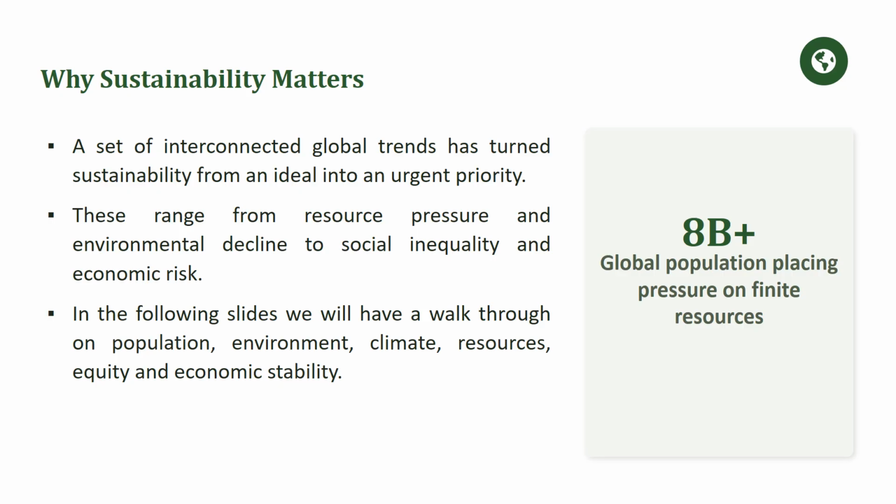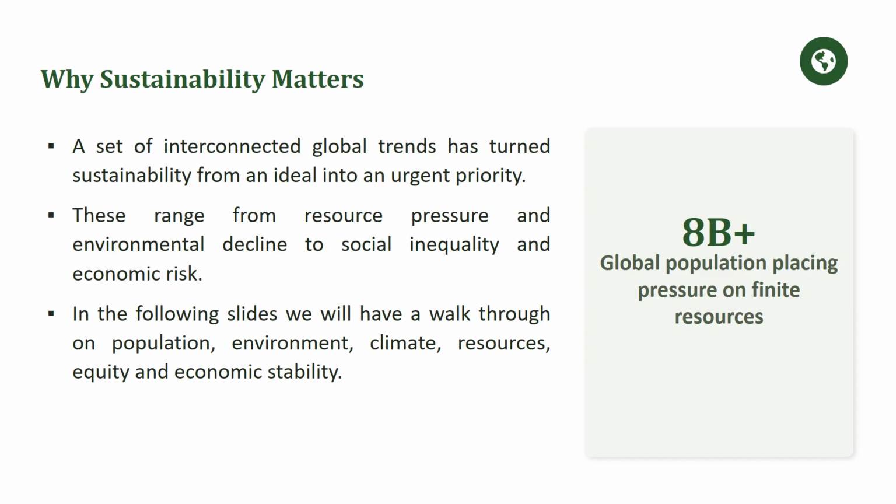Why sustainability matters? A set of interconnected global trends has turned sustainability from an ideal into an urgent priority. The global population is 8 billion plus, which places high pressure on finite resources.